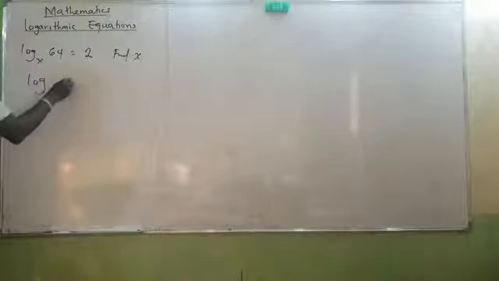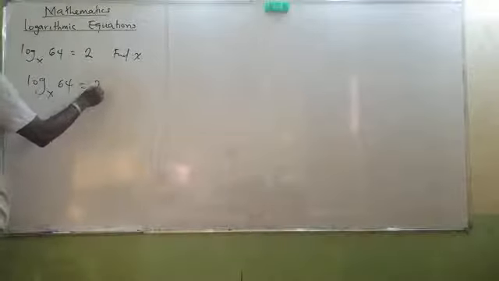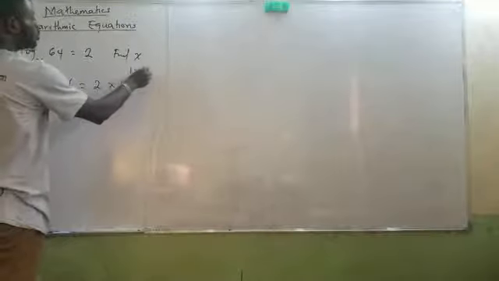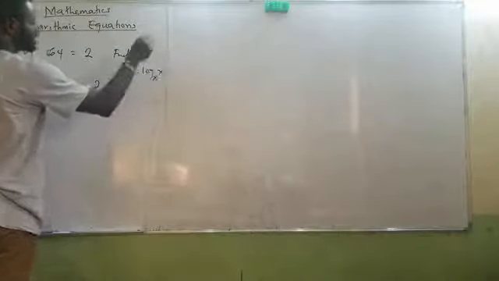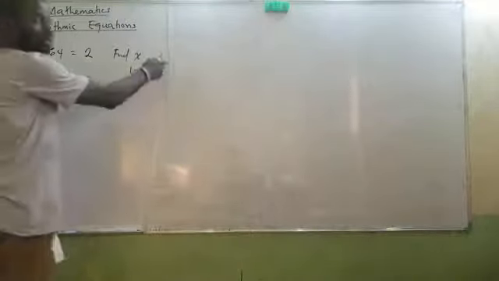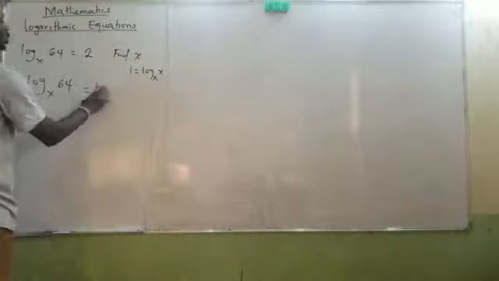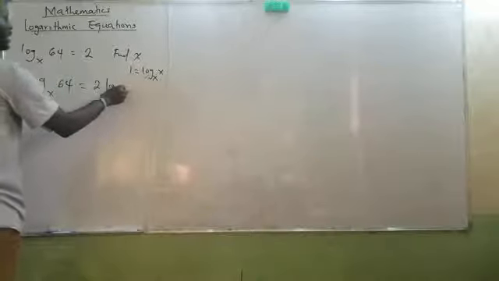What I need to do is this: log base x of 64 equals 2 multiplied by 1. My 1 can be equal to log base x of x, because the base is equal to the number. Since I have that, I can turn it to log base x of x squared.